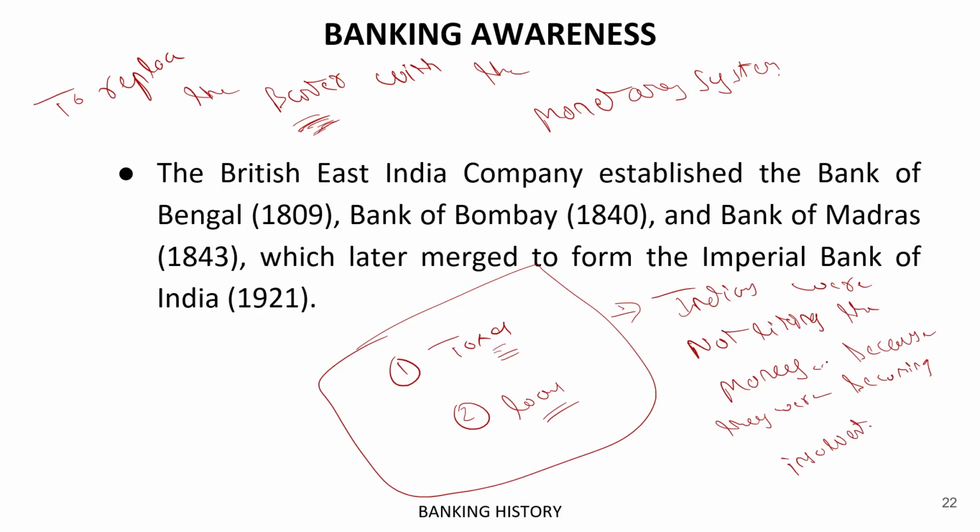When the monetary system was imposed by the Britishers on the Indian crowd, instead of liking it, they started hating the monetary system. Why? Because they were becoming insolvent people. And how was it happening? Because of predatory loans.